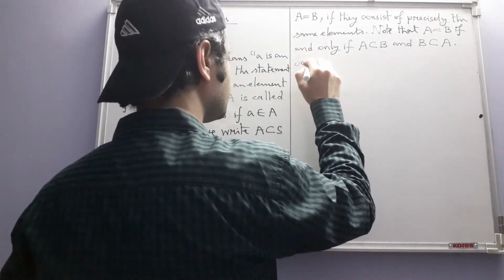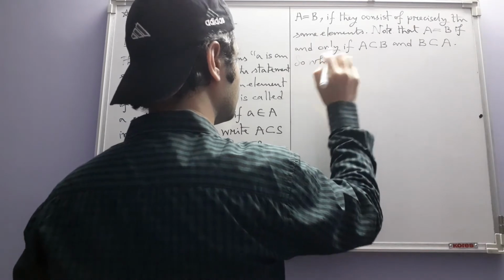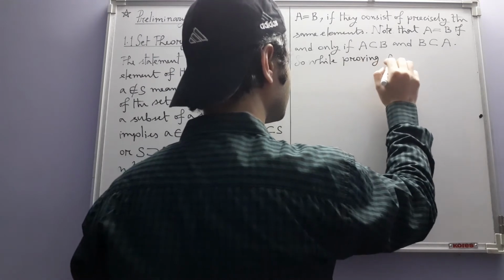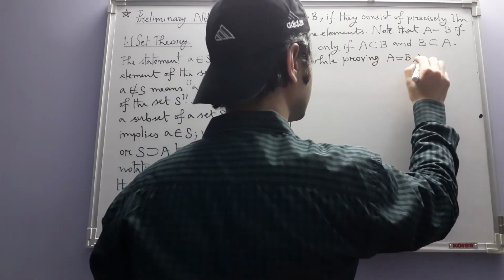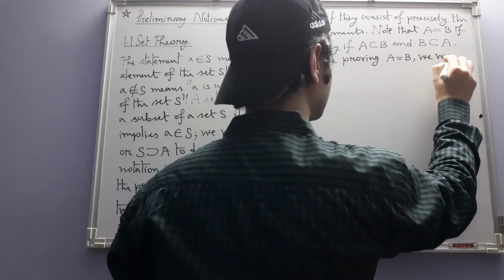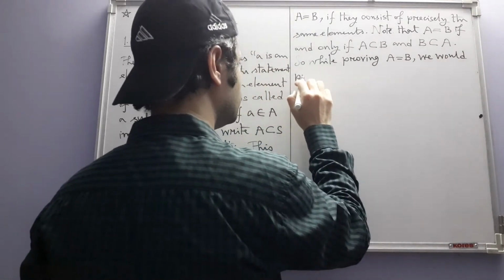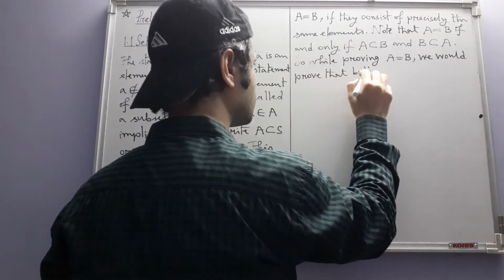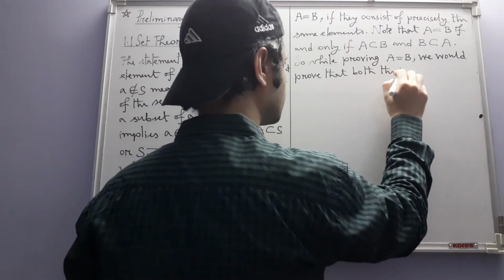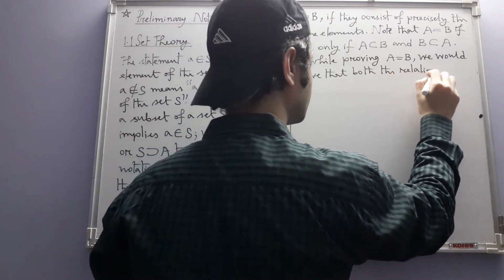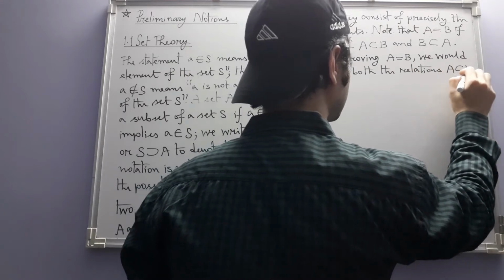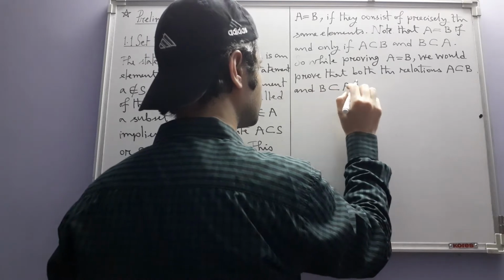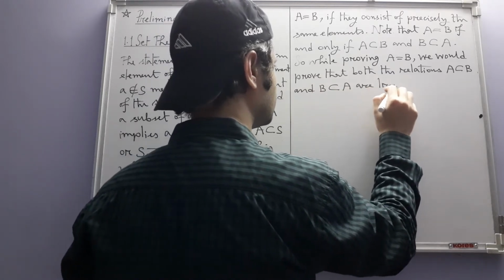So while proving A equal to B, we would prove that both the relations, this and this, are true.